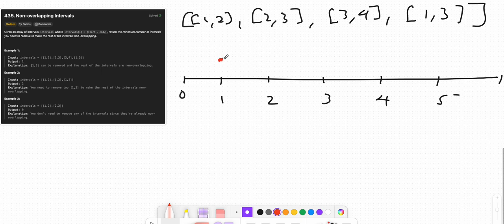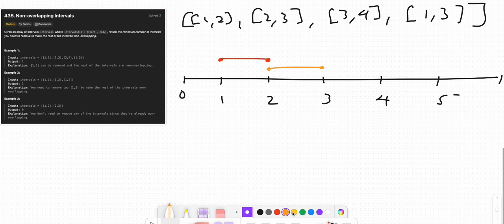Let's represent this here, 1 to 2. Now we also have 2 to 3, right? So let's represent it here, 2 to 3. And then we have 3 to 4.